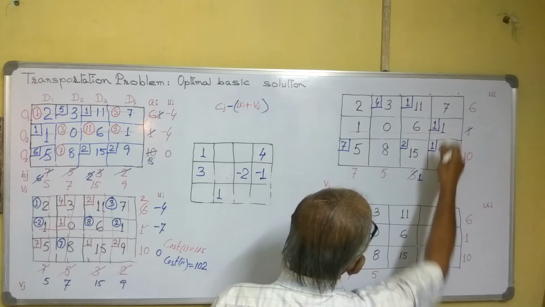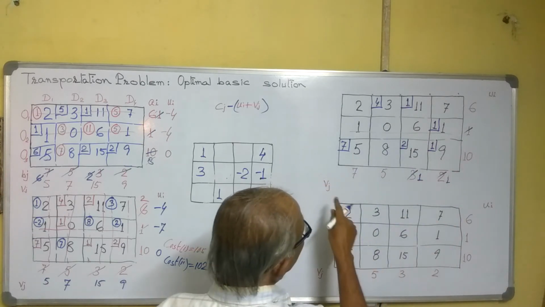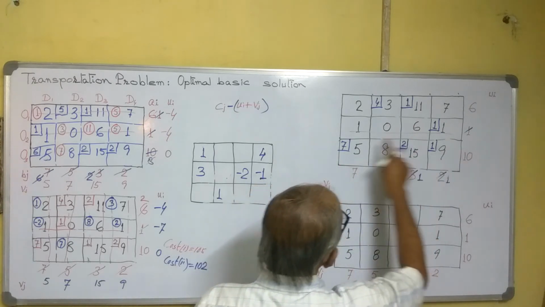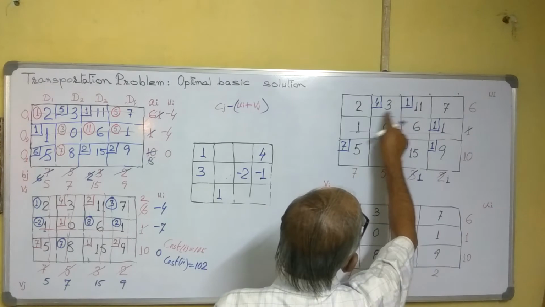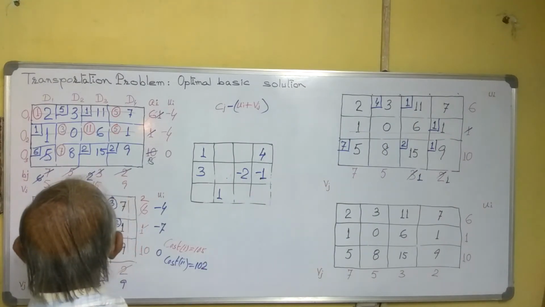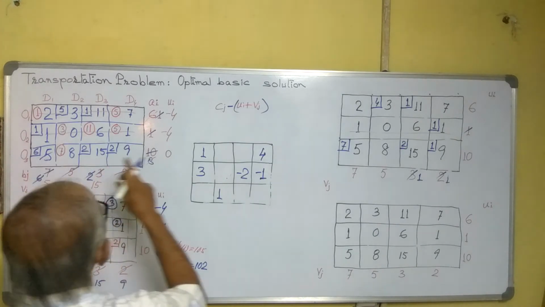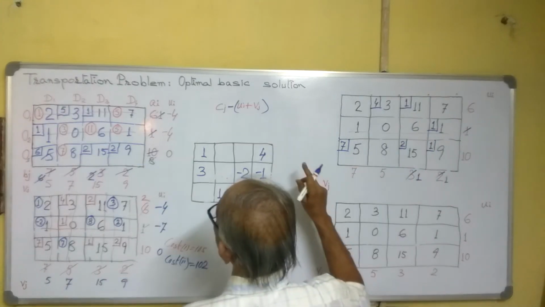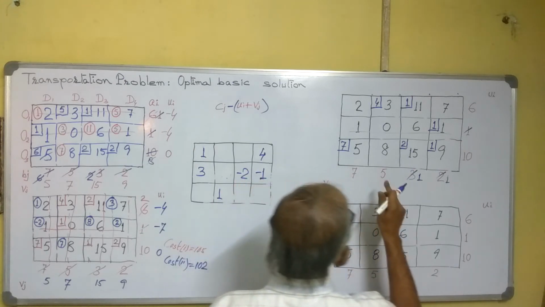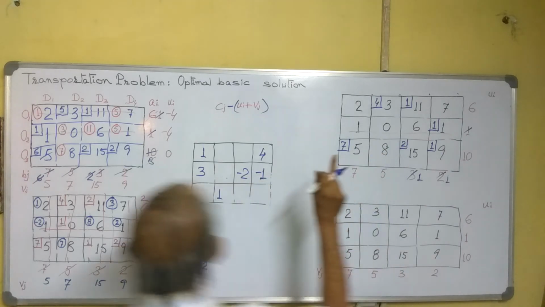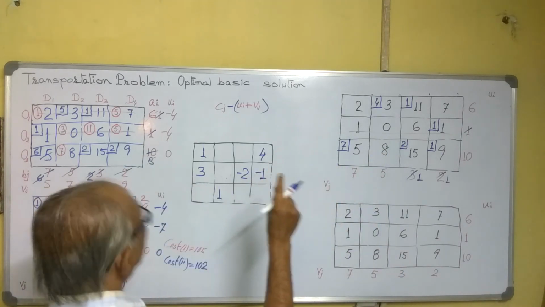Now here 1 and 1, 2. Here we can say 7 and 2, 1, 9 and 1, 10. Here 4 plus 1 is 5. 1 still is left. So we have to make some changes.